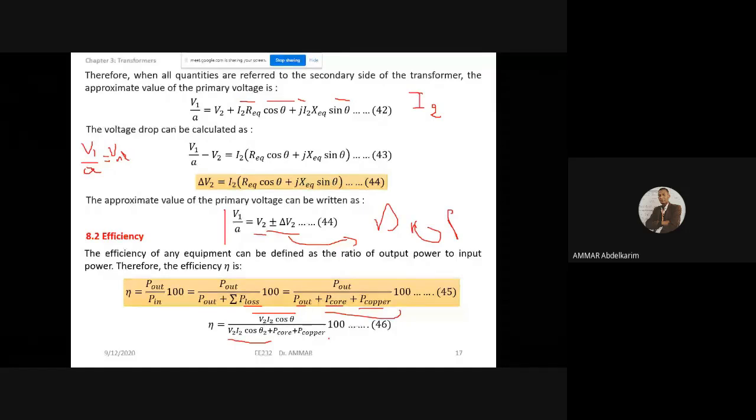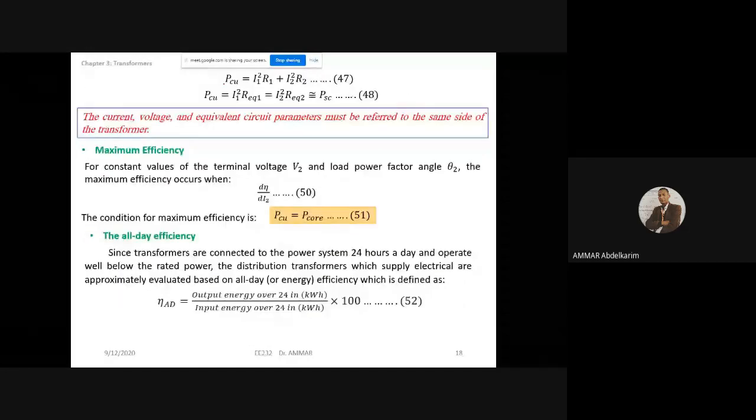So it's correct in both cases. Of course, the copper losses equal the copper losses in the primary plus the copper losses in the secondary.